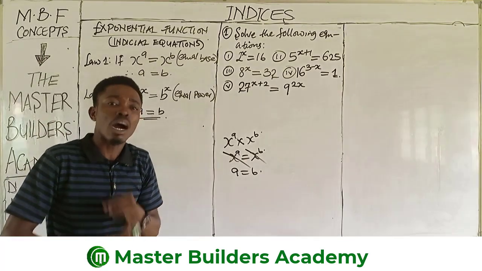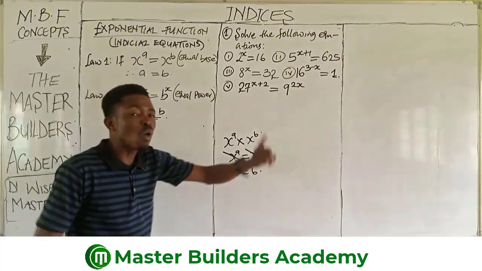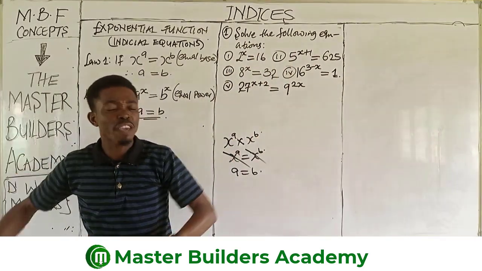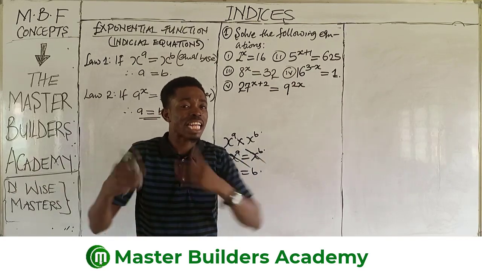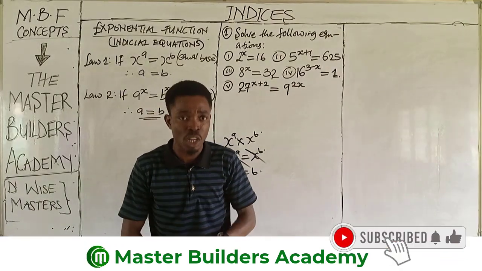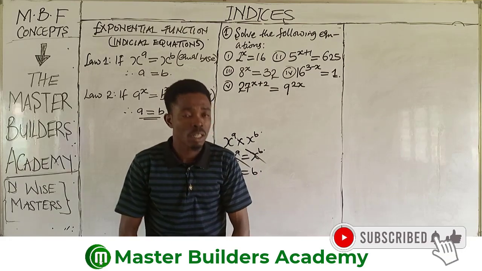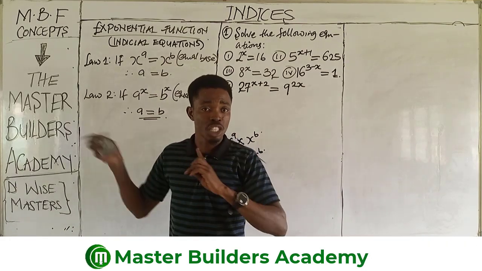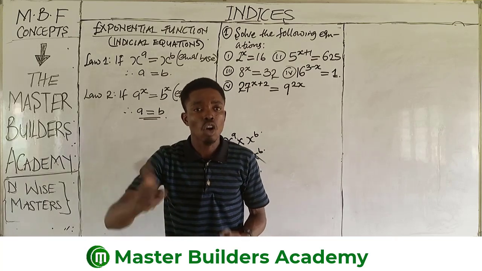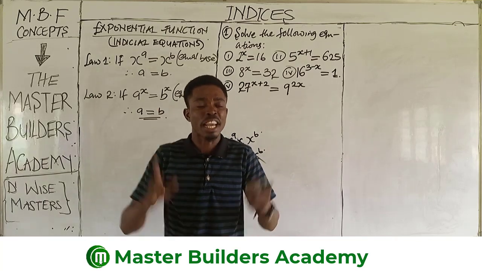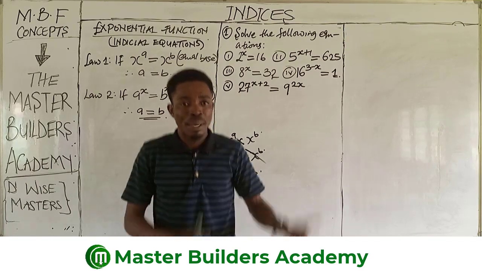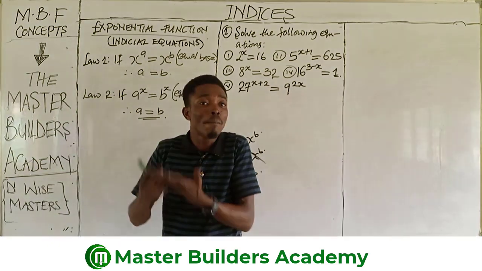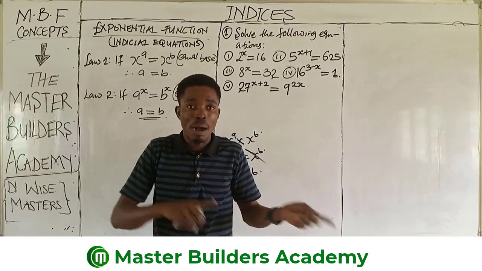But these theories are only used, listen carefully, when you have only one term on the left hand side or one term on the right hand side. If you are given multiple terms at any of the sides, you must simplify it to a point where you have only one base to the left and only one base to the right. Otherwise, you cannot use these laws. If you have two bases to the left and one base to the right, you cannot use it.